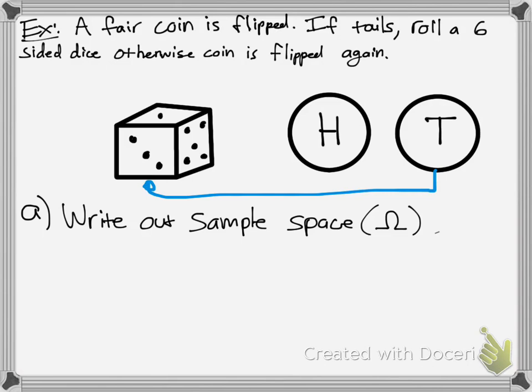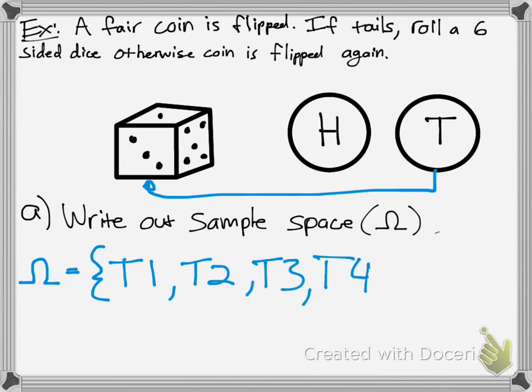So write out the sample space. The sample space is the set of all possible outcomes, and it is known as omega in this case. So I could get a tails and then roll a 1, a tails then a 2, a tails then a 3, tails then a 4, tails then a 5, tails then a 6.